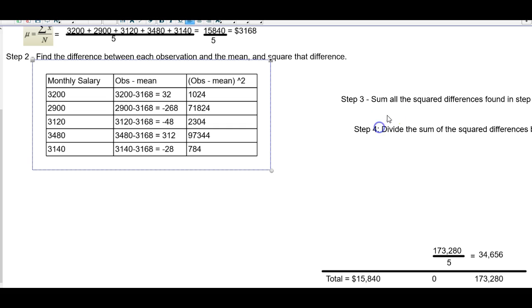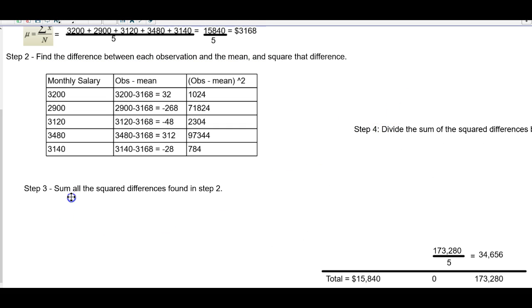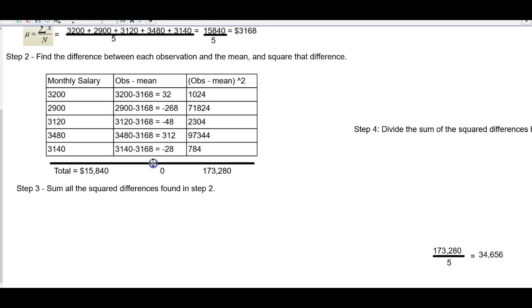And what we need to do for step 3 is sum all the squared differences found in step 2. So these are the squared differences, this column right here. And I actually go a step further because I like to check all of my work as I go through when I'm dealing with numbers, especially longer numbers, or if I've got more data.